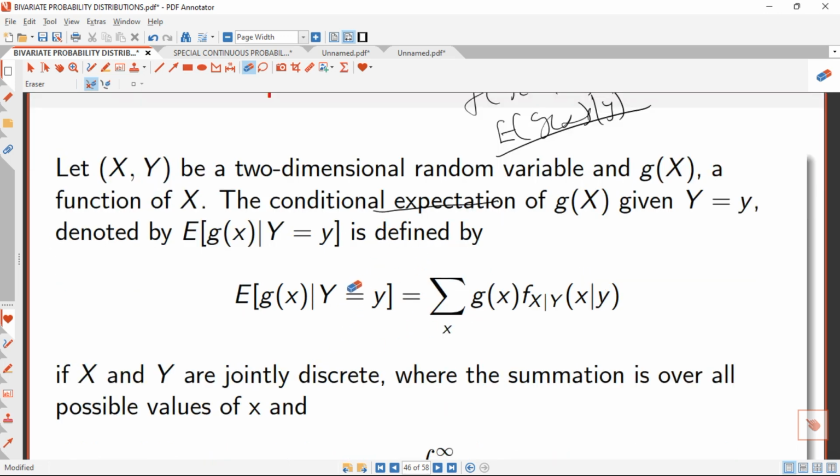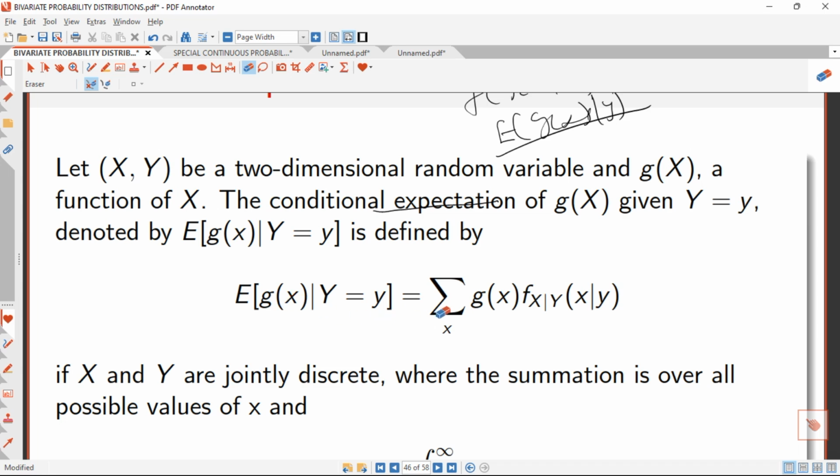It's defined as follows. If X and Y are discrete, then this will be equal to the sum over x. Why are we summing on x? Because we have y and then x values. We are summing on x because x will vary, and you can see here that y is equal to a particular small y. So y is always going to be fixed, whereas x is surely going to vary.